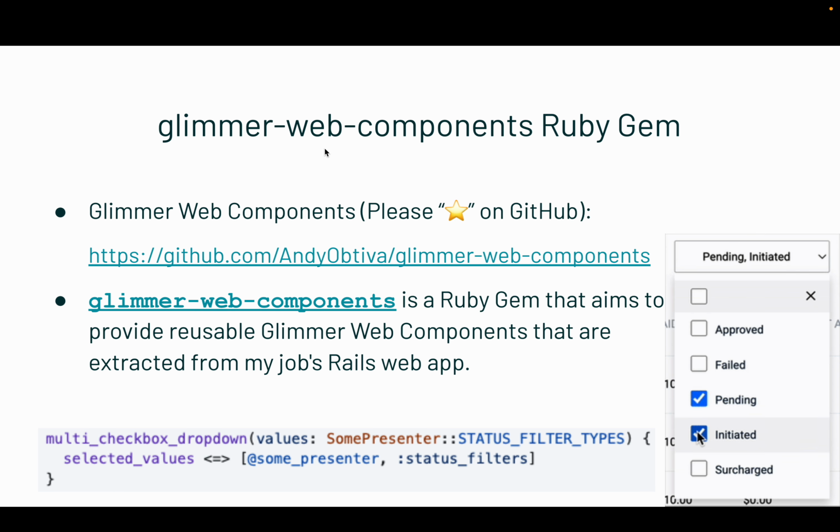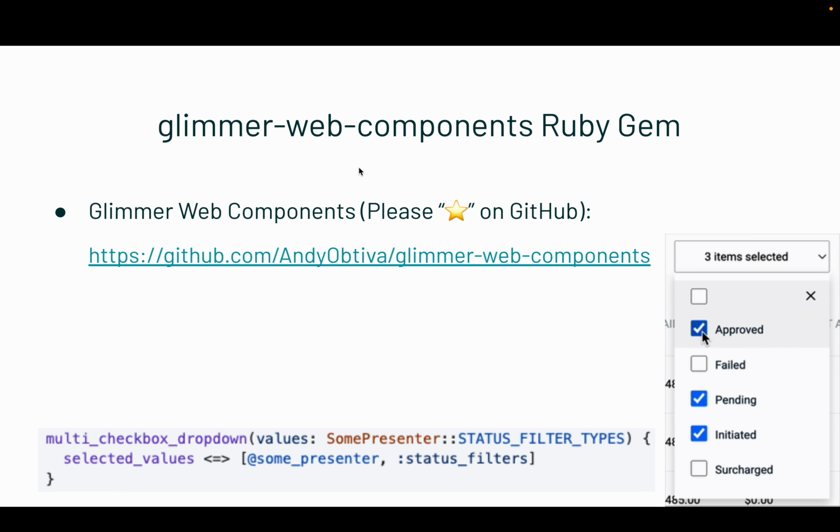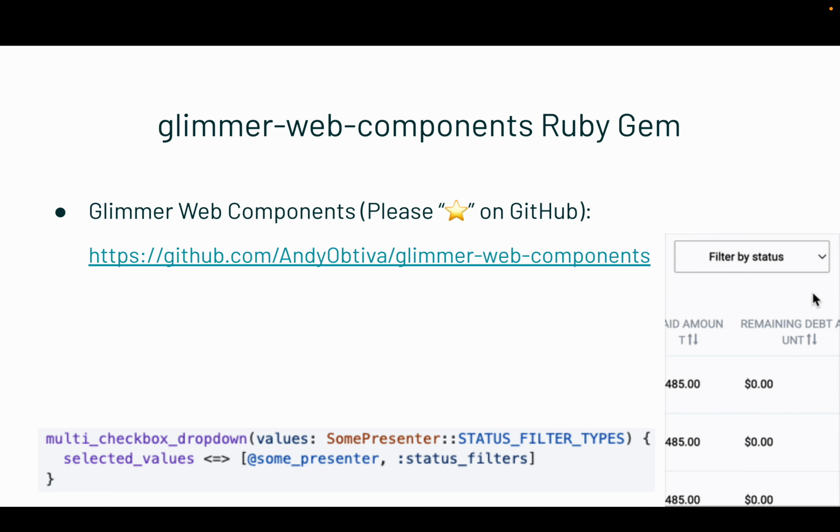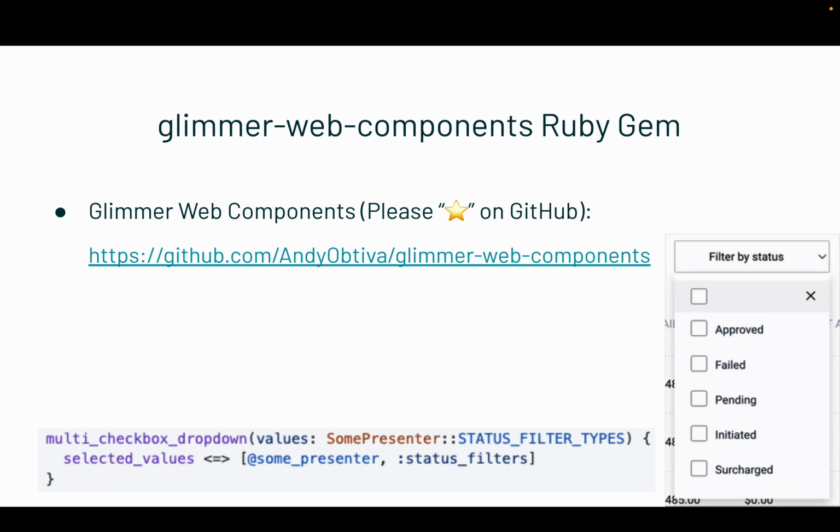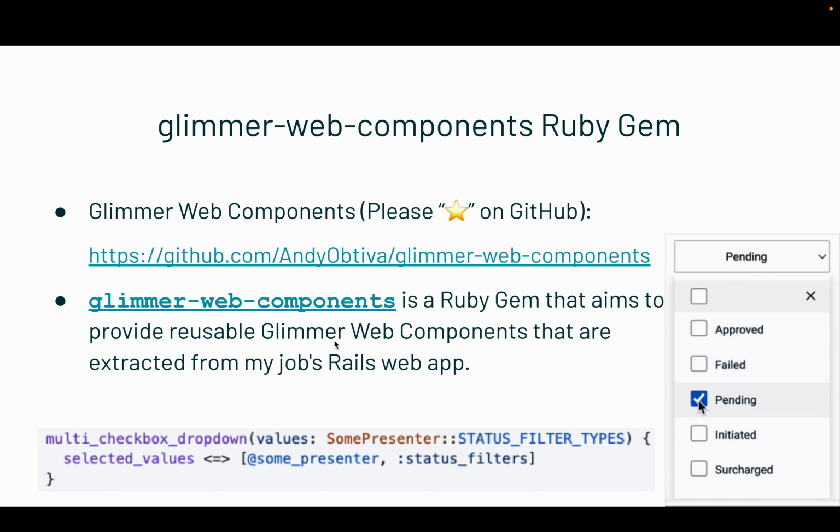Oh yeah, and people can create their own component libraries if they want and include their own components. One company might have e-commerce related components, a different company might have fintech related components. I actually created my own general components, which I'm extracting into it from my work app, my jobs Rails app. I created this component called multi-checkbox dropdown, which we needed in my job.